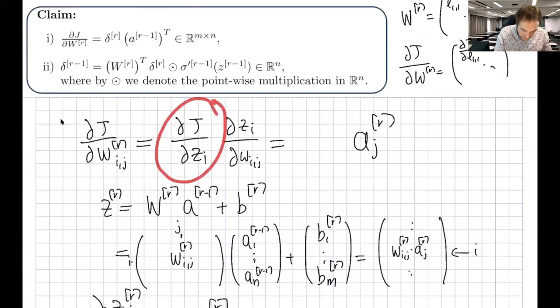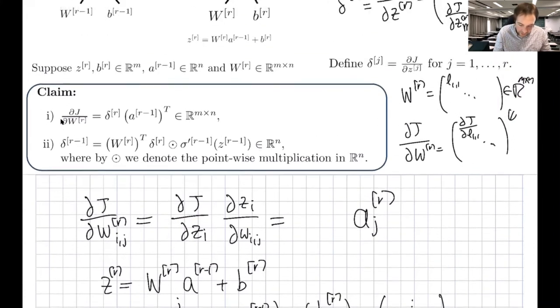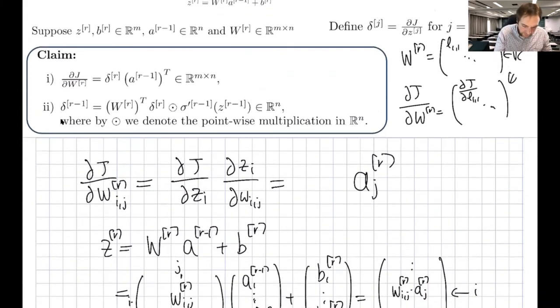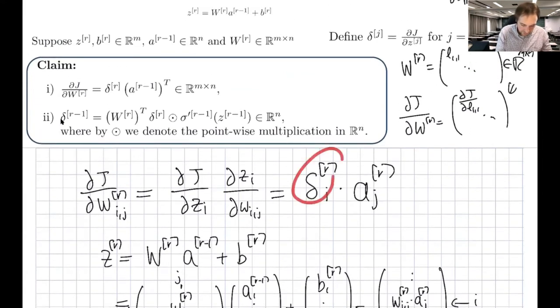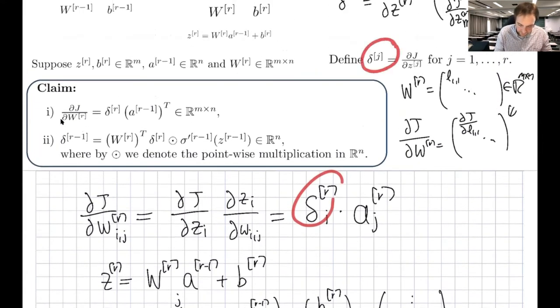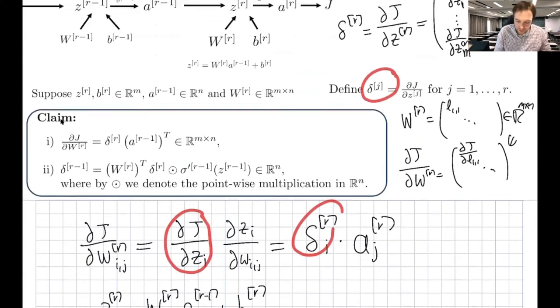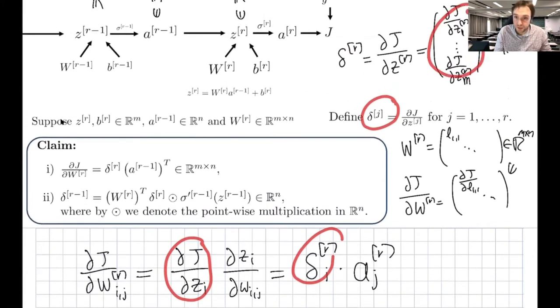And this part here is the ith entry of the derivative of J with respect to z. And this is exactly, if we take our delta, the ith entry of our delta. Because the delta is defined to be this vector, which has these partial derivatives as entries.